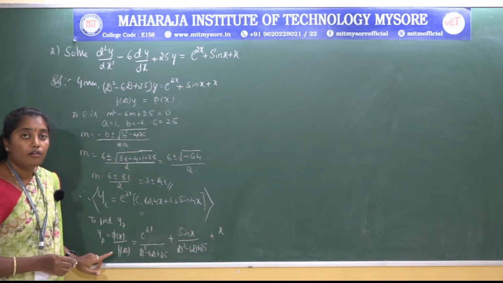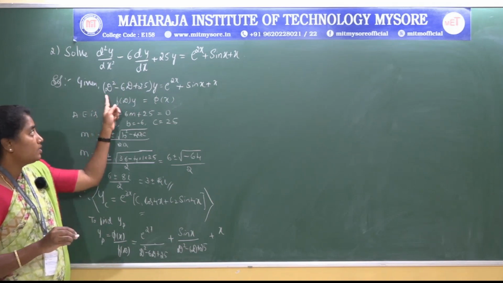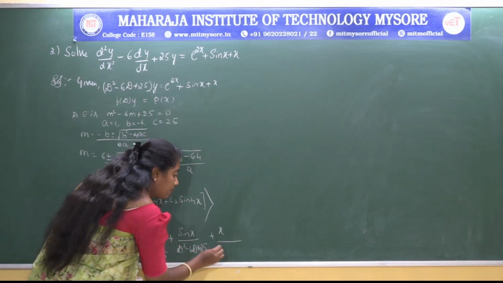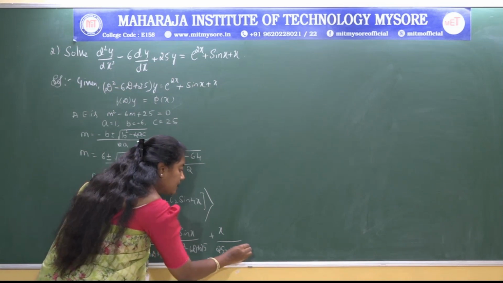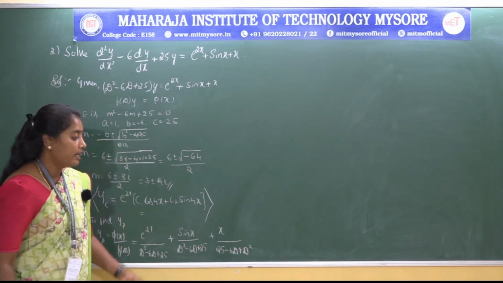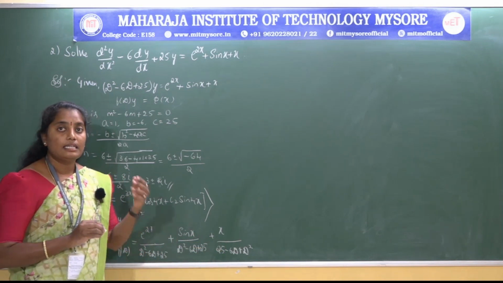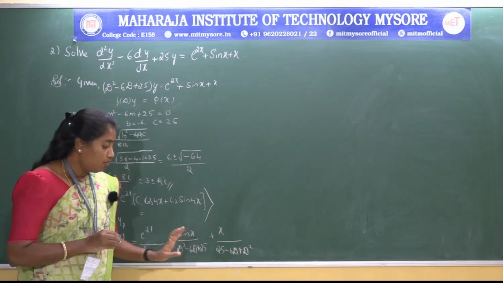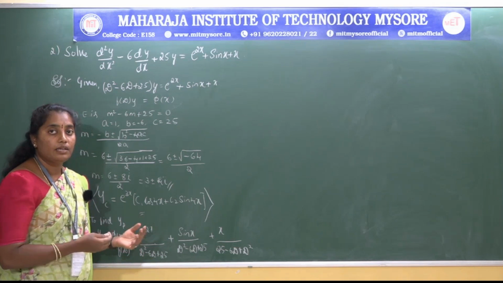Writing f of d in ascending powers of d, d square minus 6d plus 25 becomes 25 minus 6d plus d square, and we have to divide these two till we get a zero remainder. Then the resultant quotient will be the particular integral for this term. We have to find the particular integral separately for all three terms using three different methods.